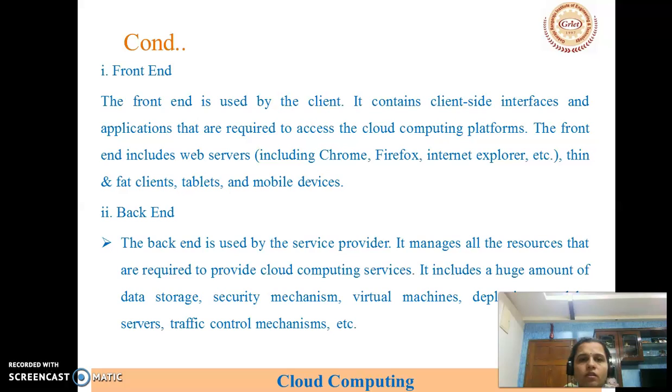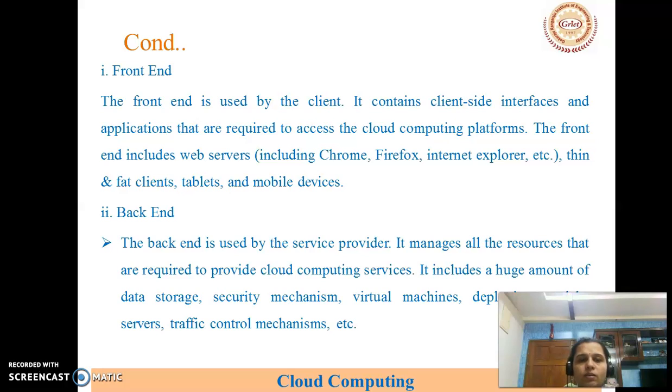Okay, then the front end. Next, let's see one by one what the front end and the back end are. The front end is used by the client. It contains the client side interface and applications that are required to access the cloud computing platforms. The front end includes web browsers like Chrome, Firefox, Internet Explorer, and thin and flat clients like tablets and mobile devices.